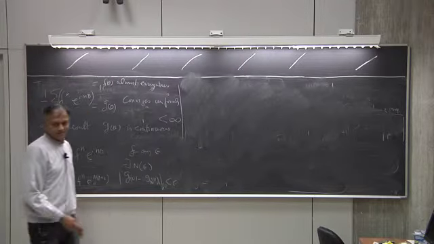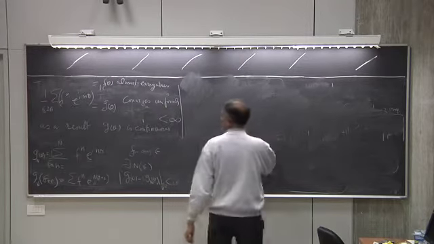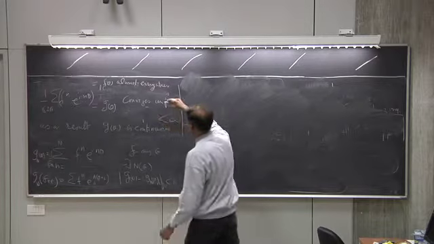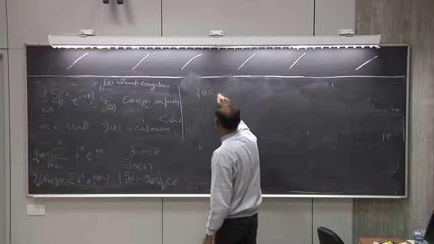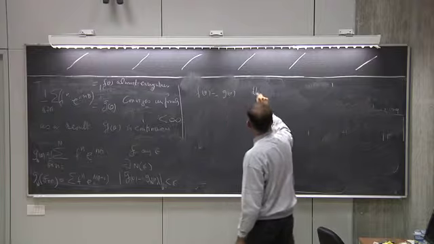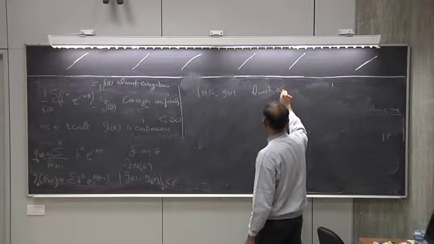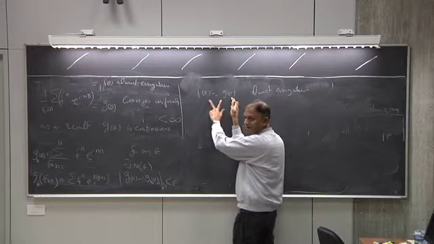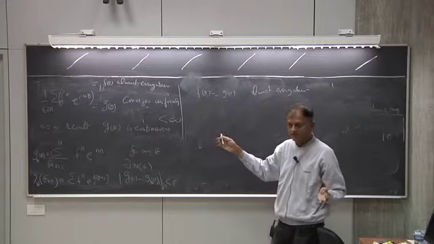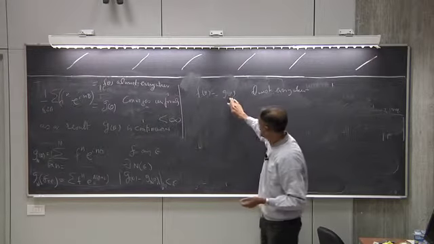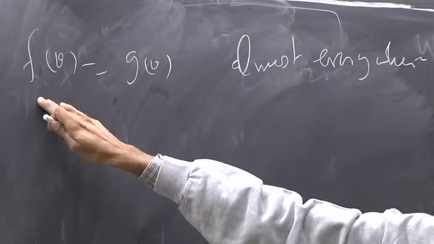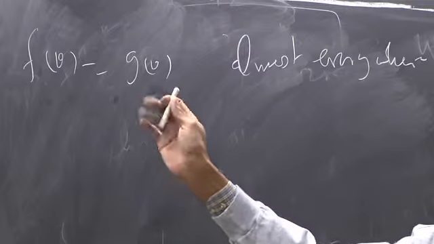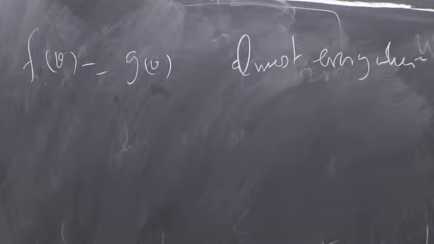So f(theta) must be equal to g(theta) almost everywhere, which means these two are the same except for some countable number of points. But this is continuous and that is continuous, so the only way that can happen is if they are exactly equal everywhere. So I think that is the basic statement.